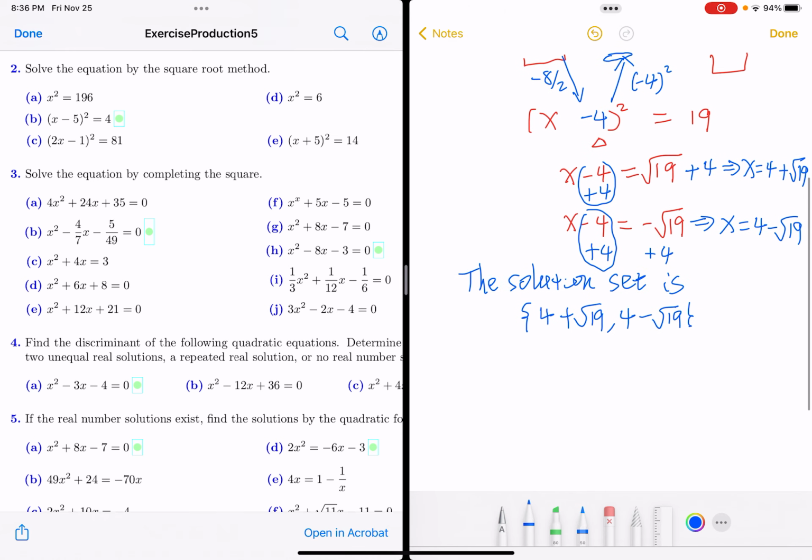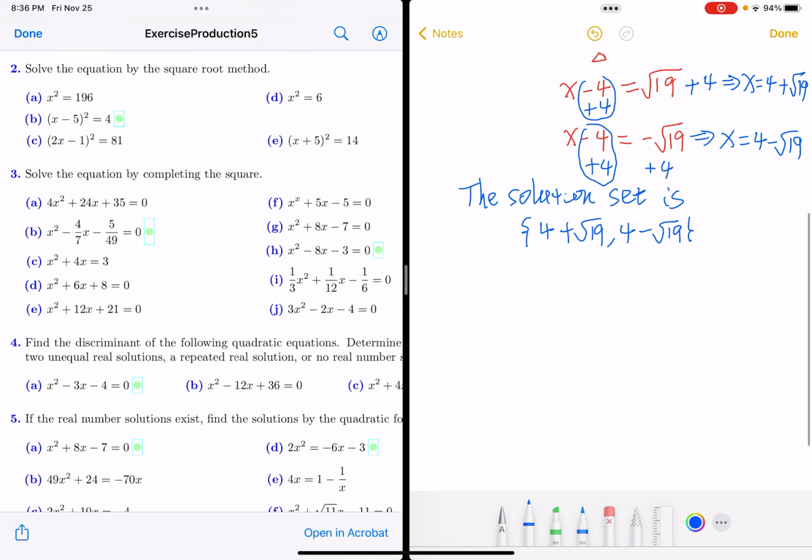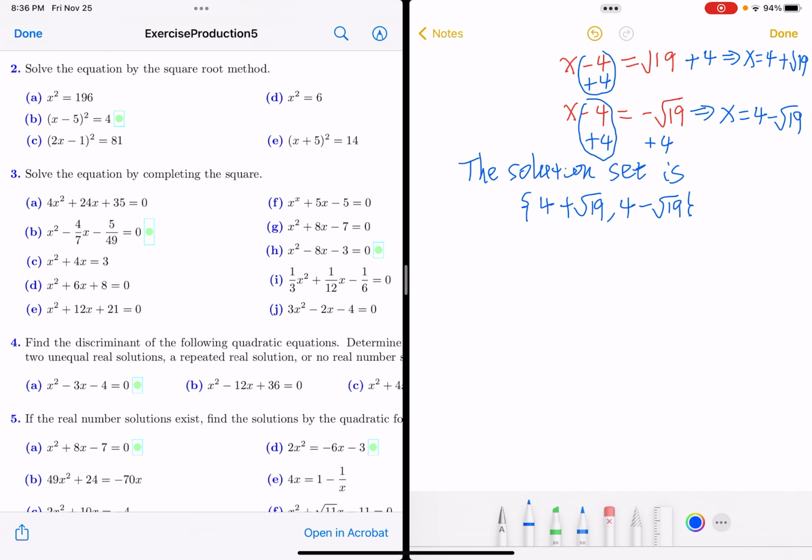Now, here is question H. Let's do question B. That will be 3B. We do the same thing. We first copy x squared minus 4 over 7 x, and then we have plus 5 over 49 on the left equals 0.